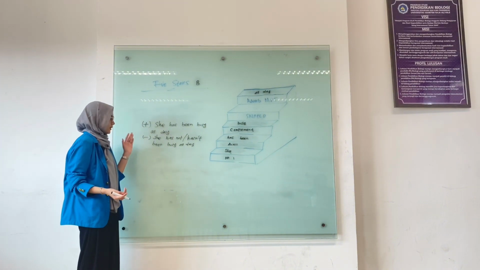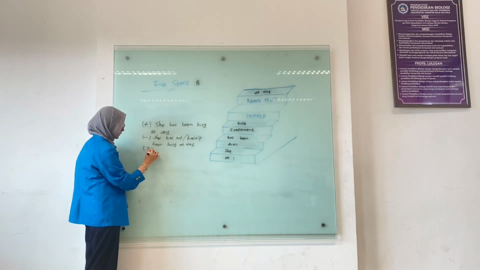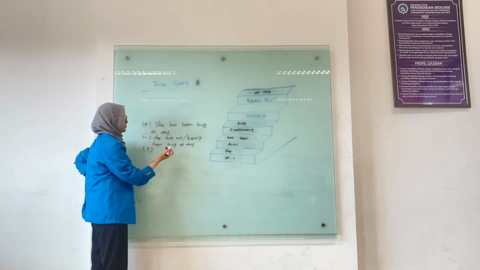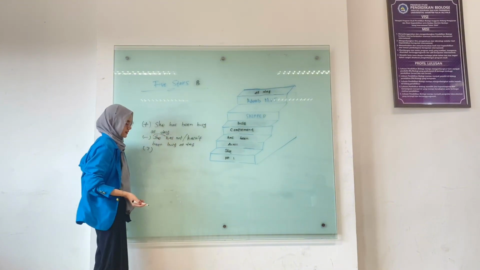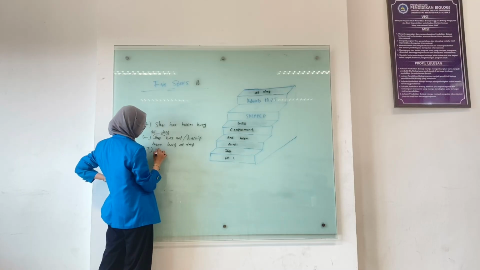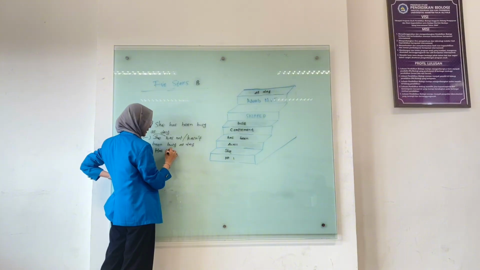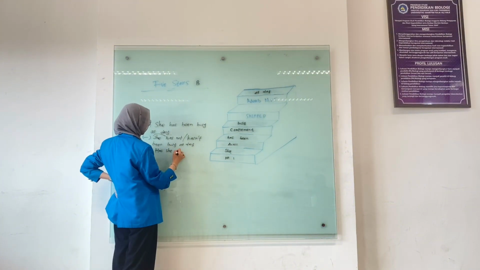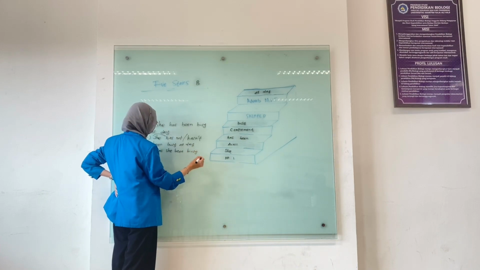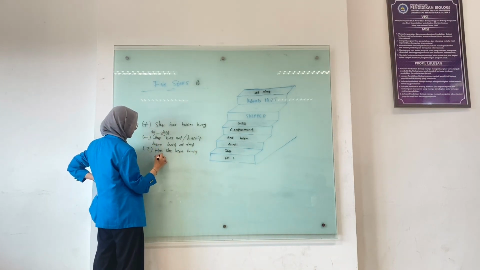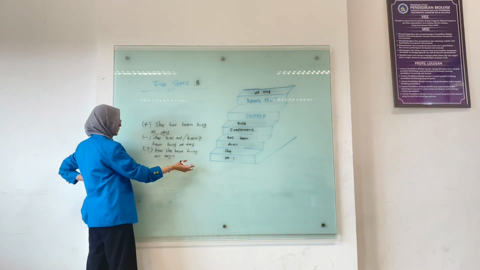And then the interrogative form, we have to move the has to the beginning of the sentence. For example, has, and write the subject first, and then followed by been, and the complement, and the adverb of time. Has she been busy all day?